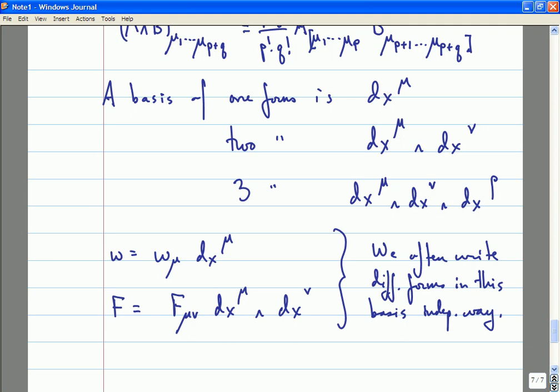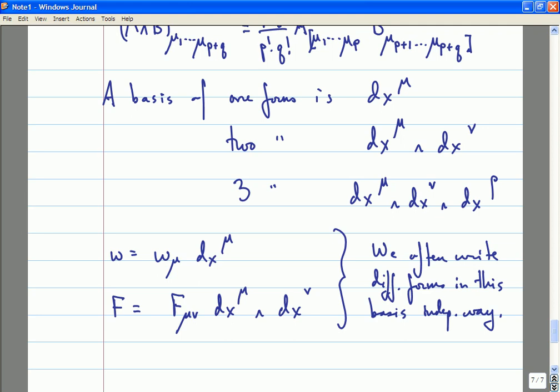Many of the horrendous expressions that you learned in your multivariable calculus classes can be written down almost instantaneously in a basis-independent way using the language of differential forms. Maxwell's equations, for example, can be written as a single equation using the language of differential forms.